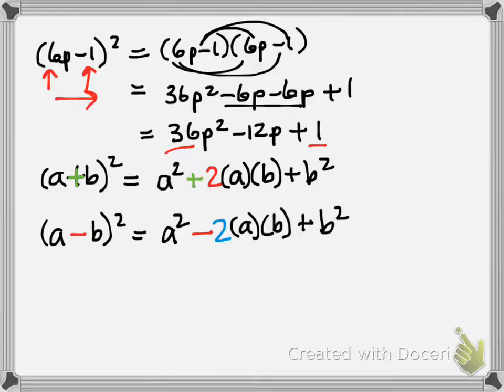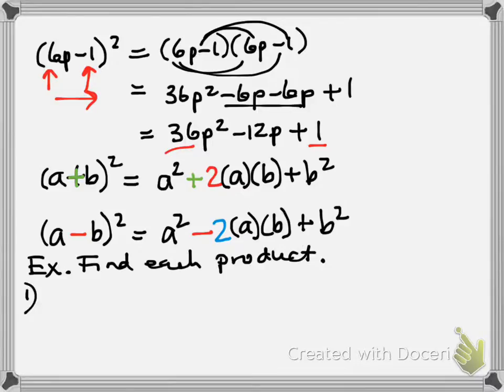Let's do an example, one you get to do all by yourself, and let's see how it works. So, directions are going to say, find each product. If we have 3x plus 4y, that quantity squared, what do you think the answer is?